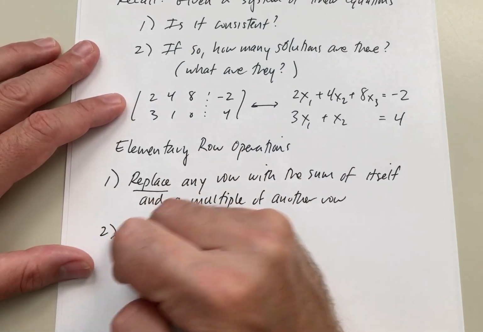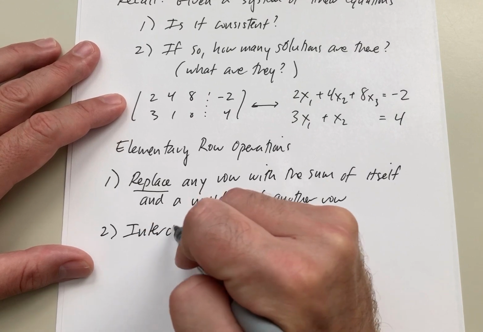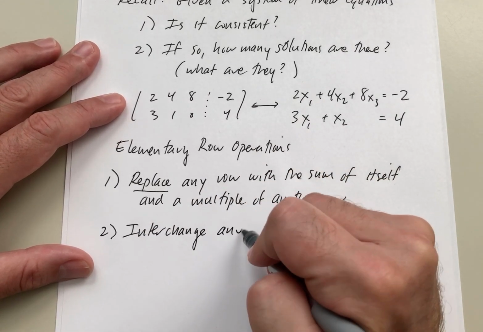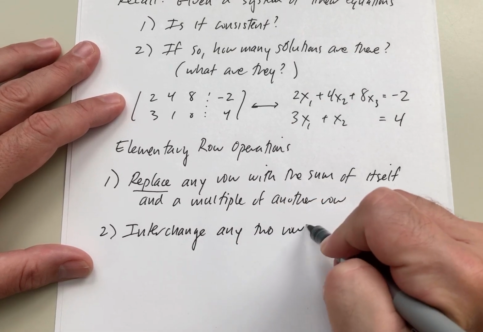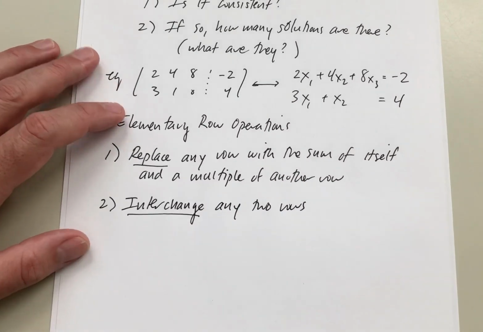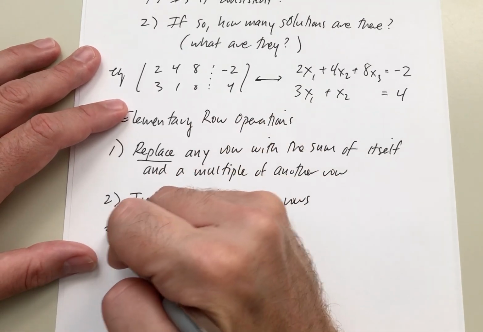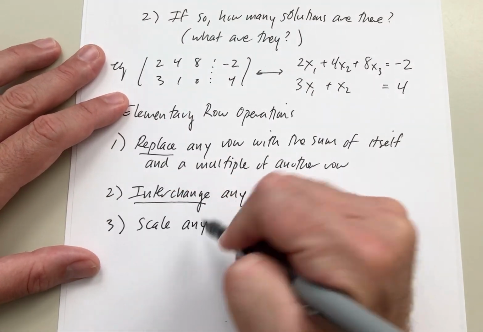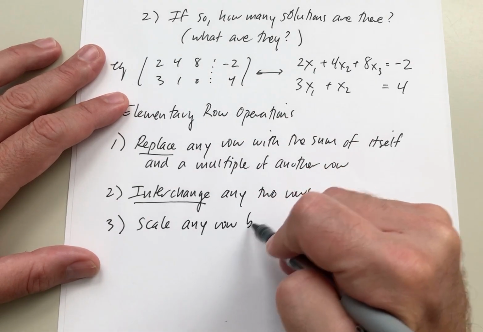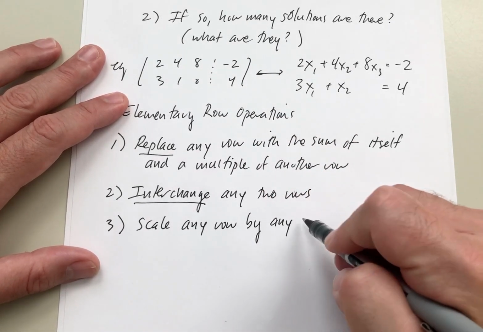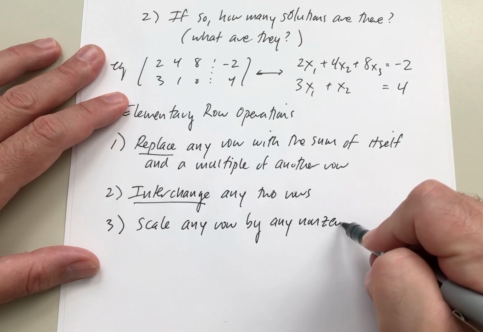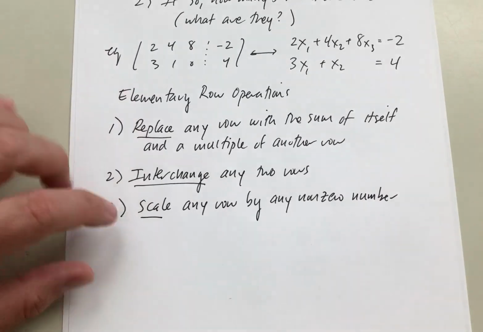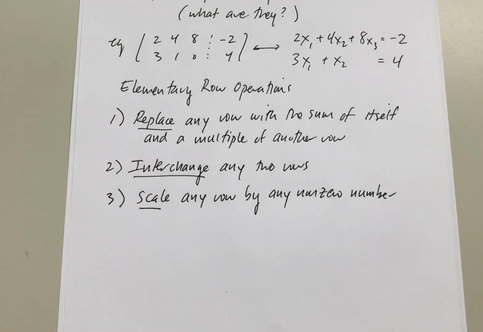The second one is you can interchange any 2 rows, so you can swap row 1 and row 5 if you had a system that big. Third, you can scale any row by any non-zero number. You can take every entry in that row and scale it by 5.